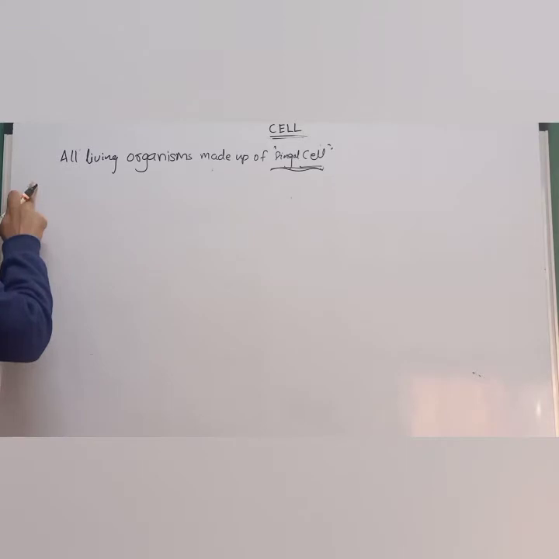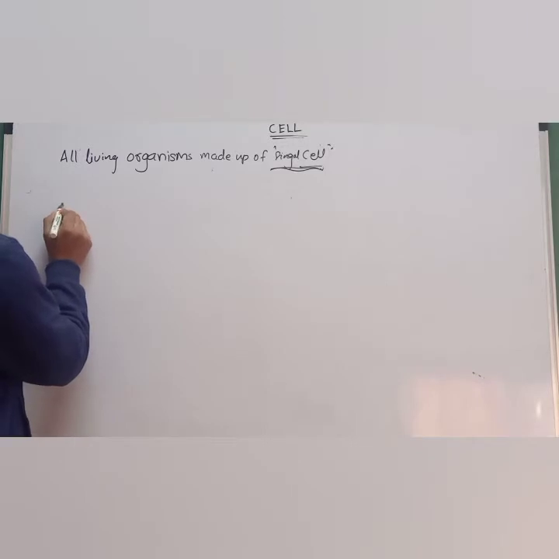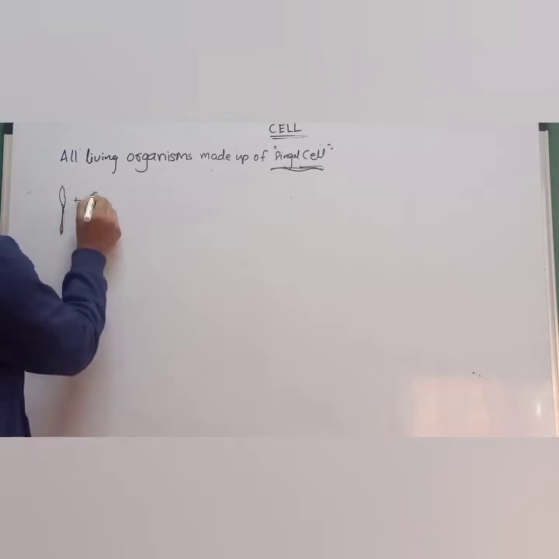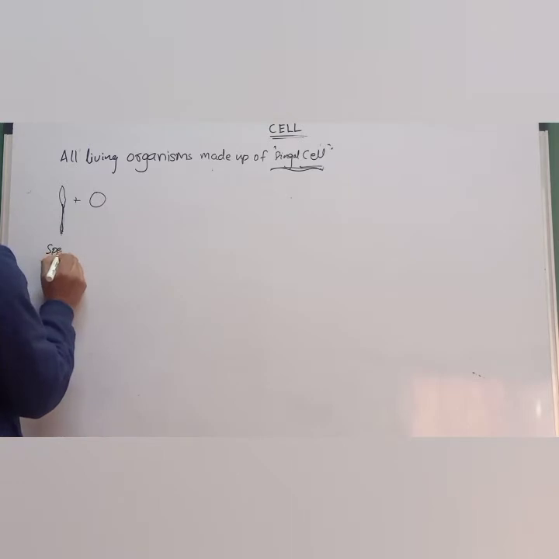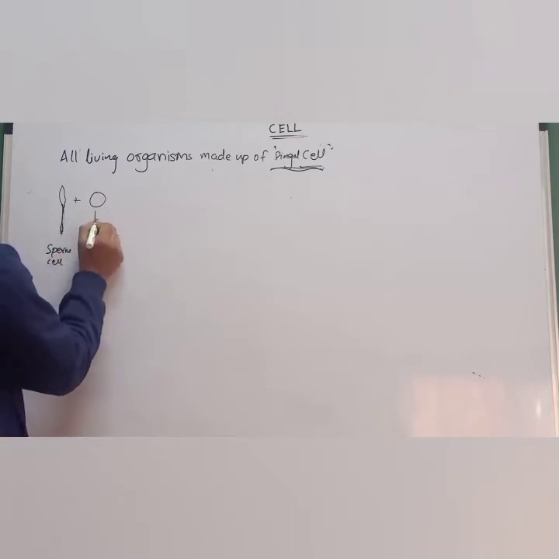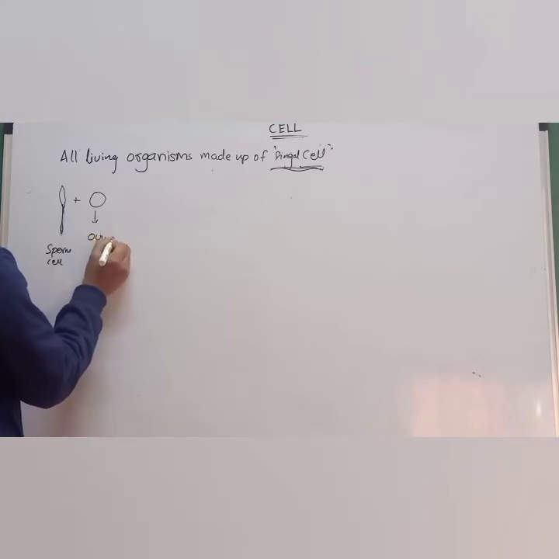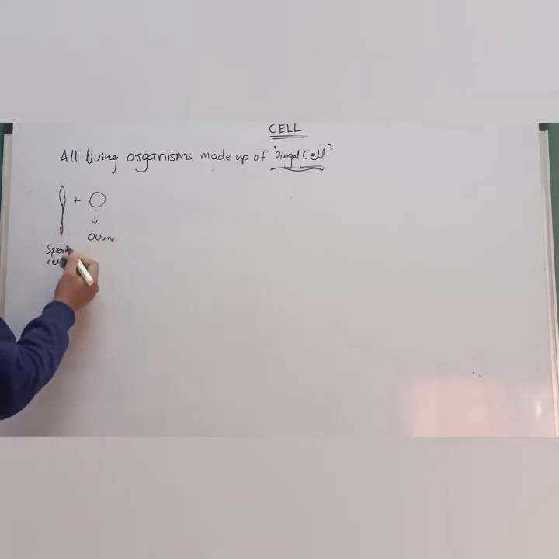For example, in human beings, this is what? Sperm cell, what we call sperm cell. This is ovum, okay. These are also cells, nothing but in higher classes, this is what?